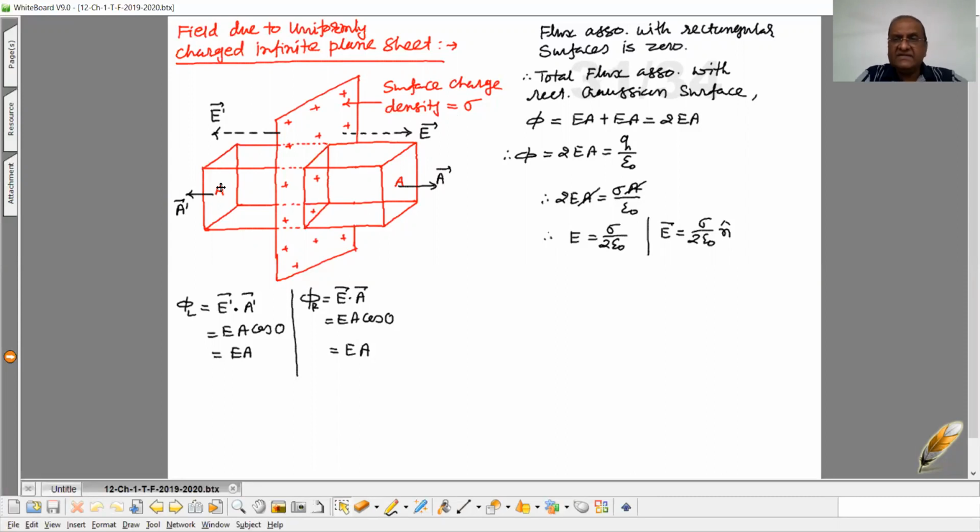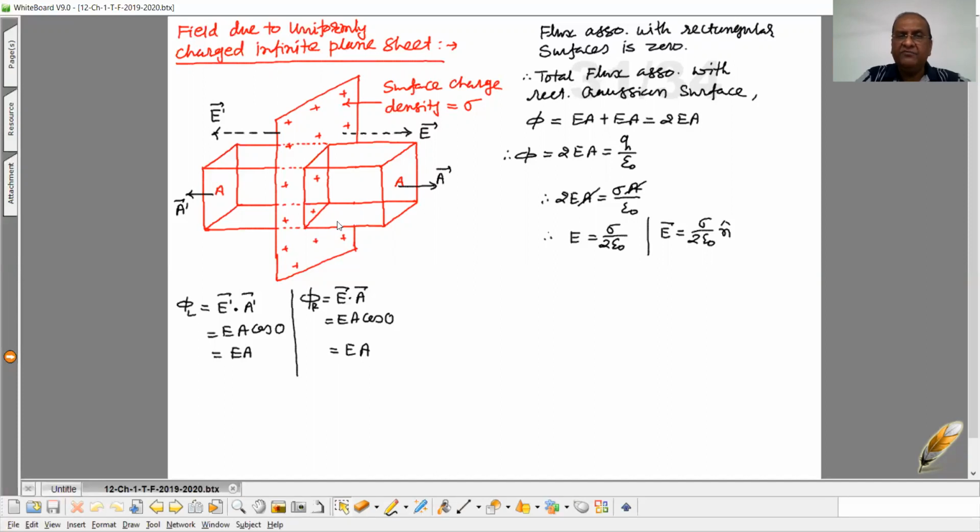here, let's consider a rectangular parallelopiped Gaussian surface. Here, on the right hand side and on the left hand side of this particular charged infinite plane sheet, if we consider 2 points which are situated at the same distance from the sheet, then from the symmetry we can understand that the field intensity will be the same at both the points.